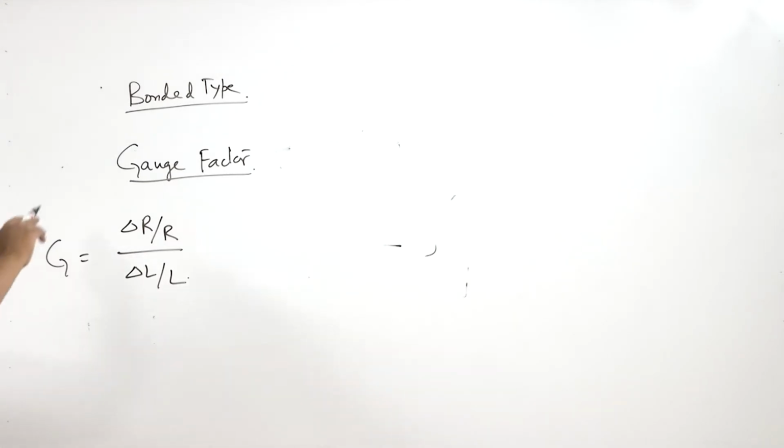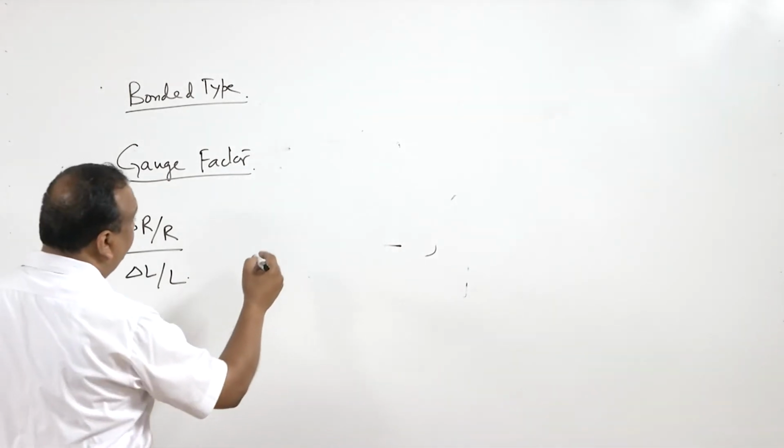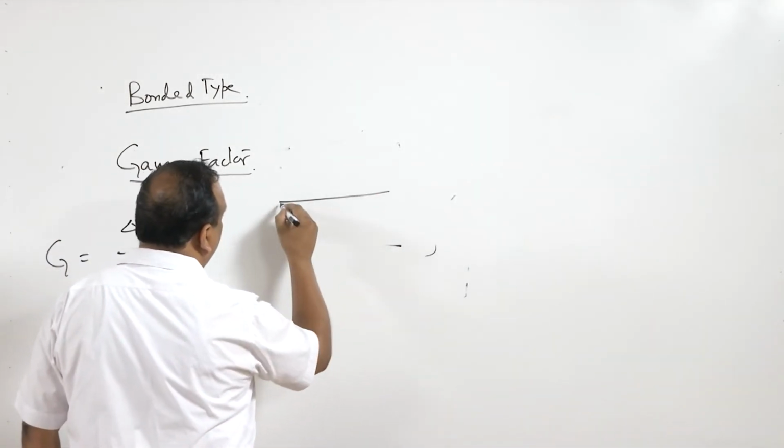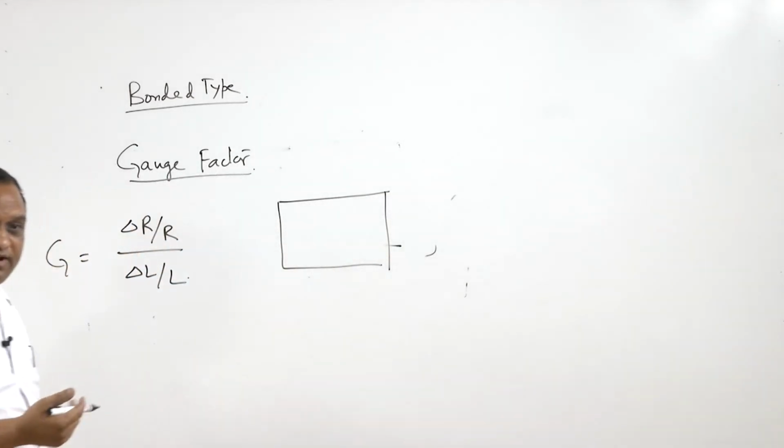Now in bonded strain gauges, these strain gauges are prepared by first of all etching the surface substrate, right?